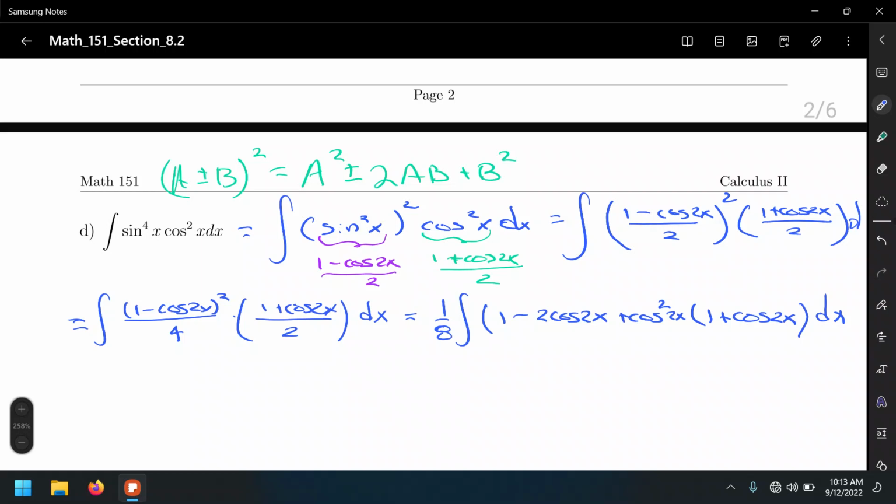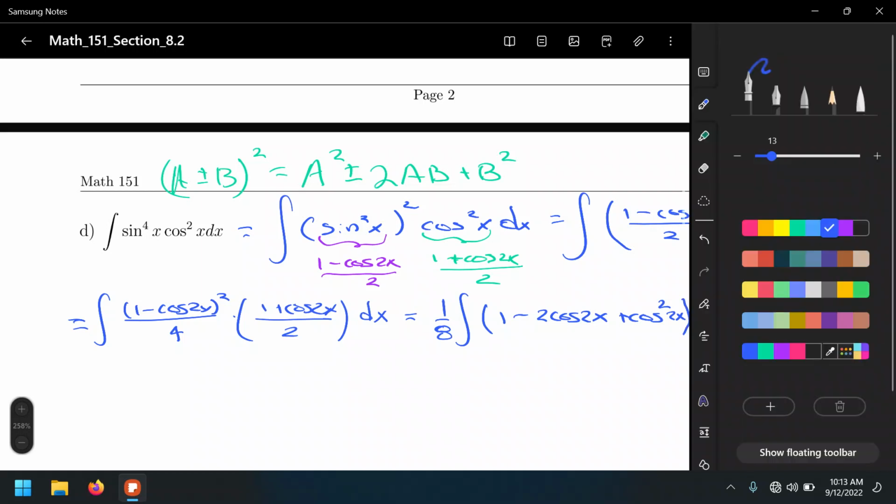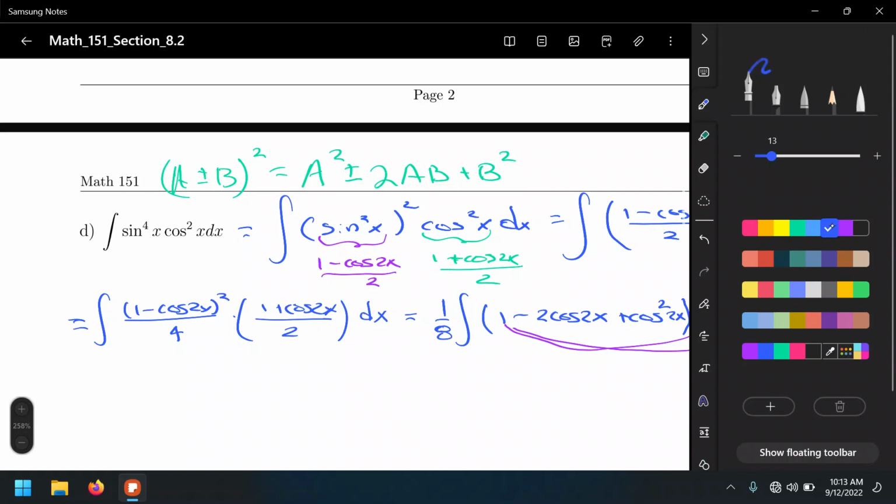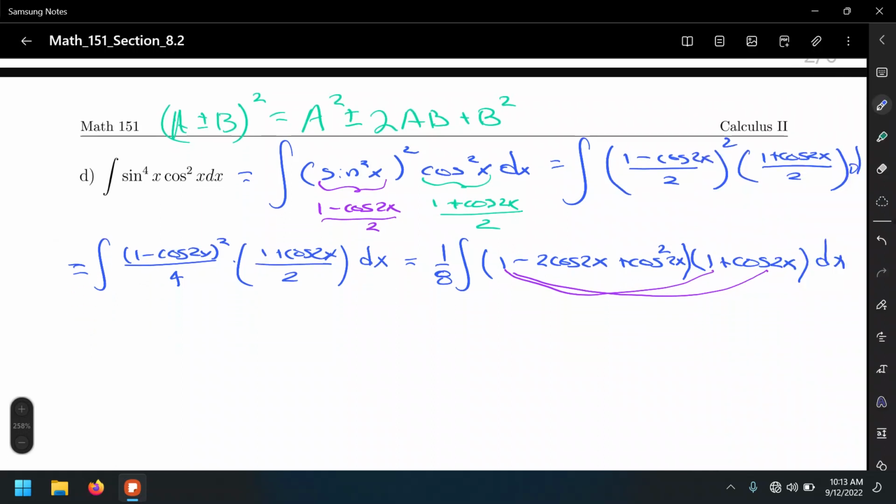So yes, this is going to be a lot of distributive property. Let me show you how we're going to do this, one at a time. 1 times 1, 1 times cosine 2x. So that's the next term. Don't forget about this 1/8 in the front. So 1 times 1 is 1. 1 times cosine 2x is cosine 2x.